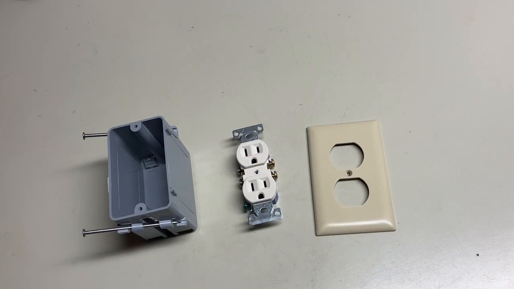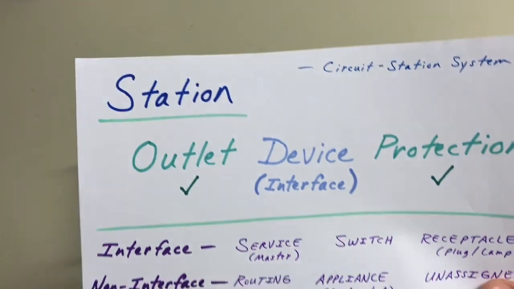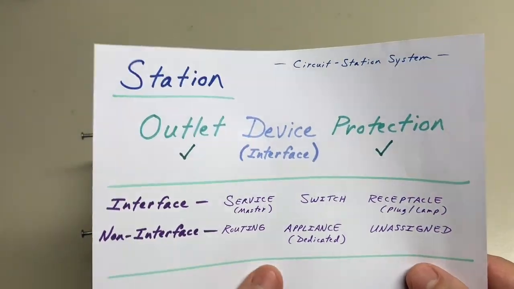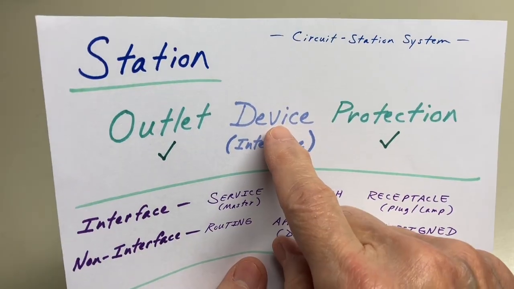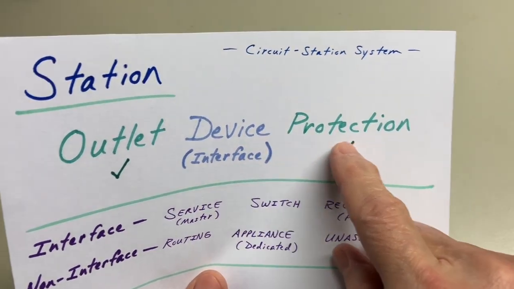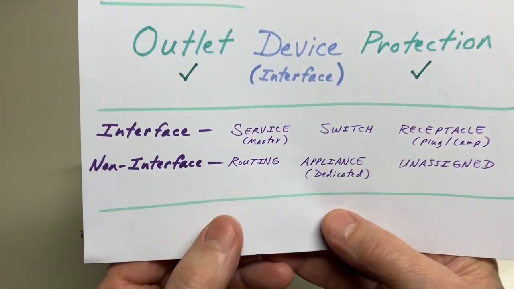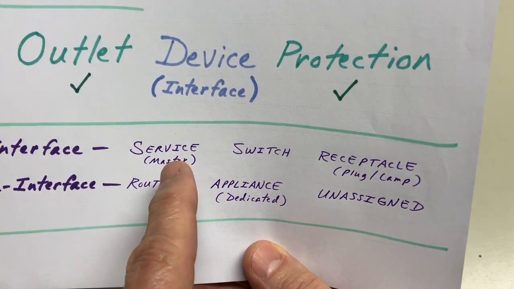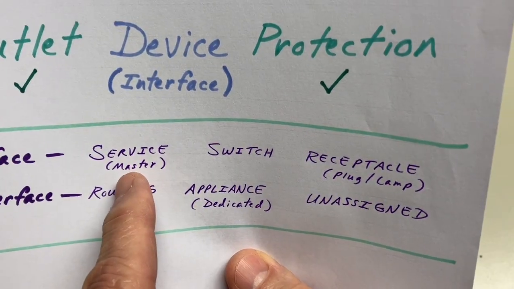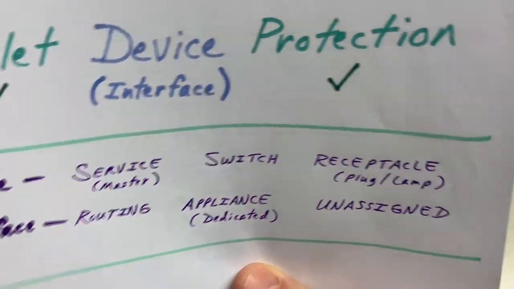So in that first video, the introduction video, I introduced the station, and I told you that the station is comprised of what I call an outlet and possibly a device or an interface and protection, okay? Now, the three stations that employ an interface are your service station, or you could call it a service entrance station. You could kind of consider that your master station, all right?